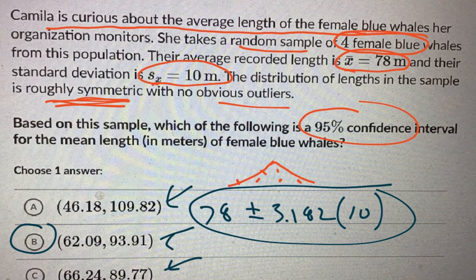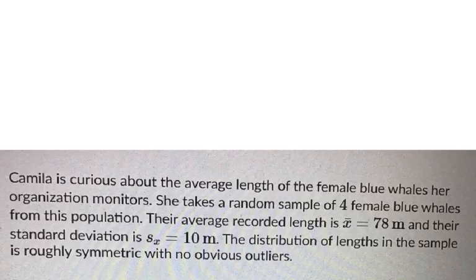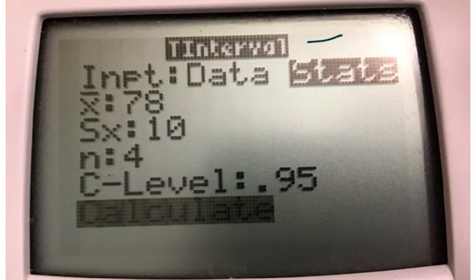But I also want to remind you, you got to practice with your calculator. So if we go to our calculator here, guys, we would press stat, we go over to tests. In this case, we're making a confidence interval for one sample, right? One set of 4 whales. So we're going to select T interval. Once we select T interval, we're going to select stats.